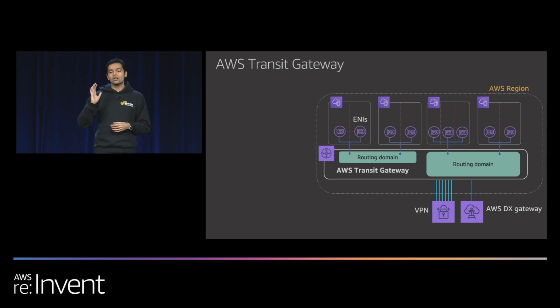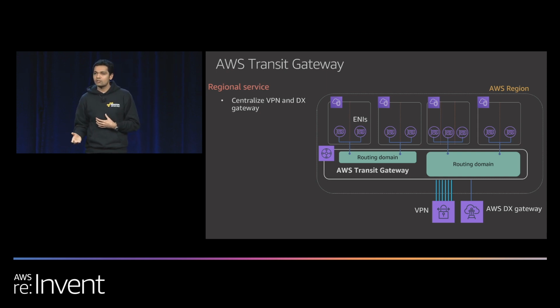So drilling down a little more into what transit gateway is, it can be broadly classified into 3 main properties. Number 1, transit gateway is a regional service where you can aggregate your connectivity from on-premises by using either a VPN connection or a Direct Connect connection. Think of it as trying to consolidate your edge connectivity to AWS.